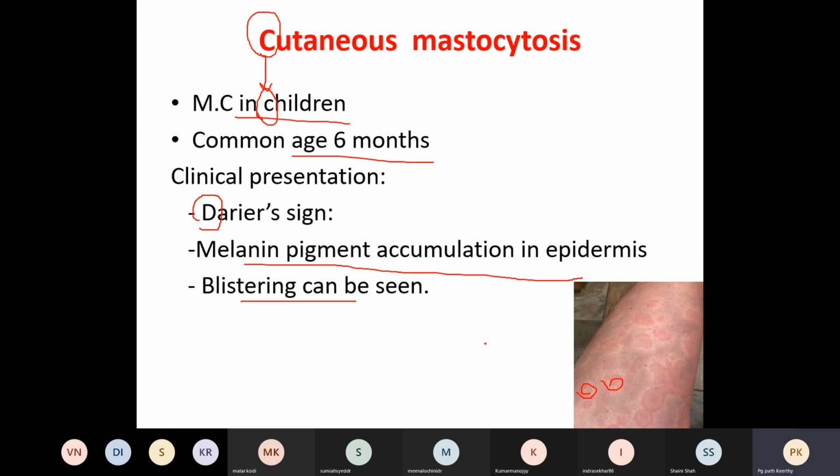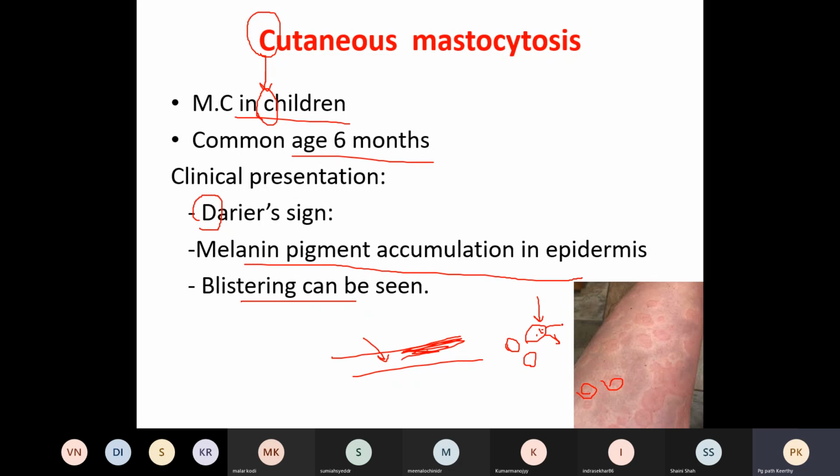Nobody? Okay. So Darier sign means, this is the skin. When you stroke your skin, so I am stroking my skin like this, what happens? The mast cells present inside your skin, because of this mechanical stimulus, become unstable and release their granular content.